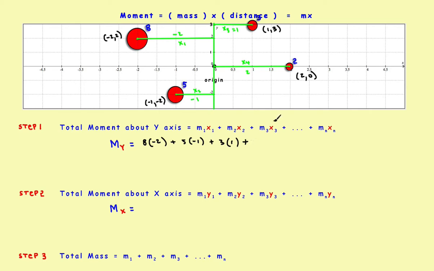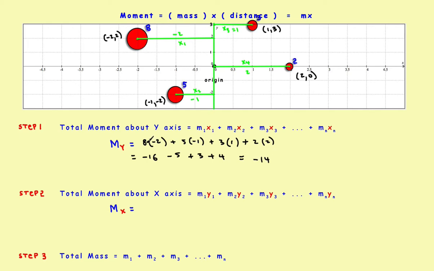And then finally, we've got mass of 2 kilograms times this distance. So 2 times 2. So let's see what that's going to turn out to be. This will be a -16, a -5, a +3, and a +4. And if you add all that together, you'll come up with a -14.